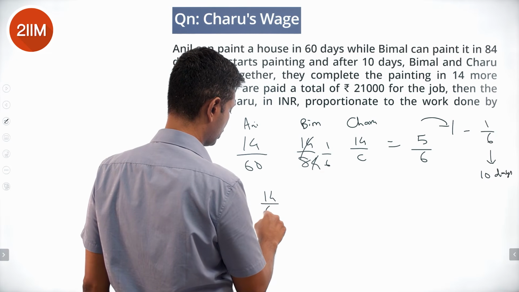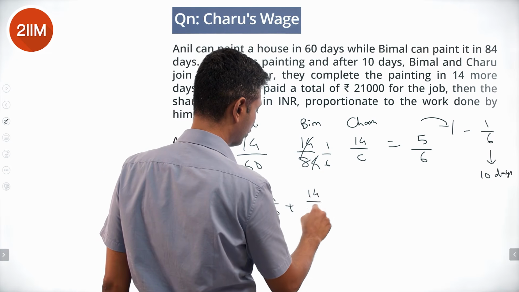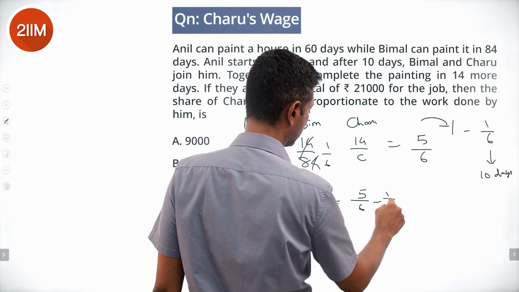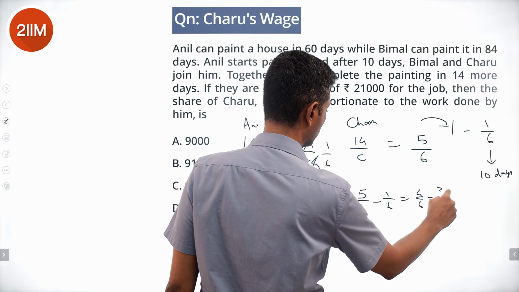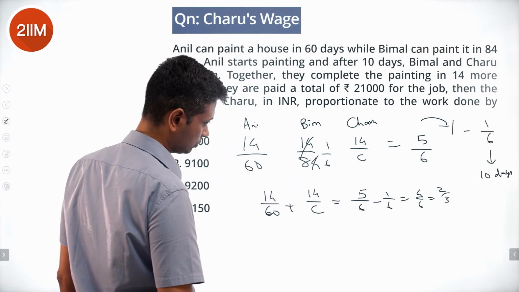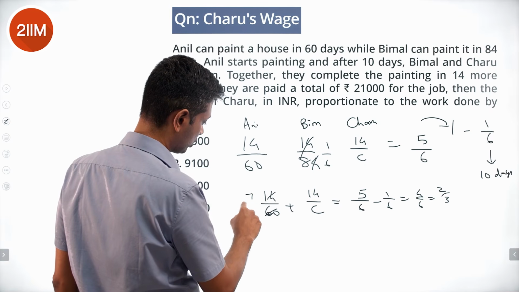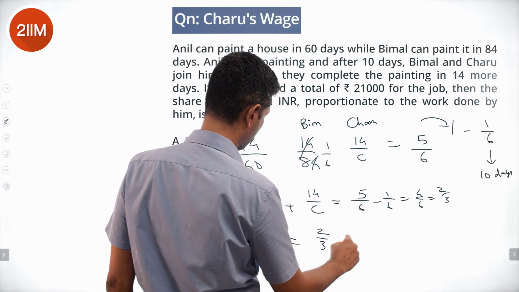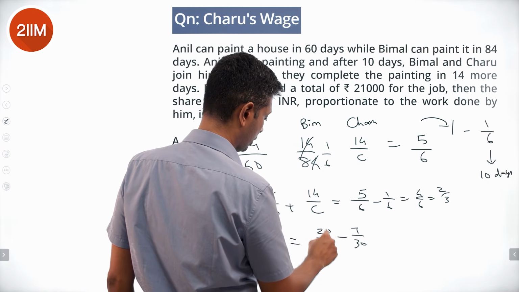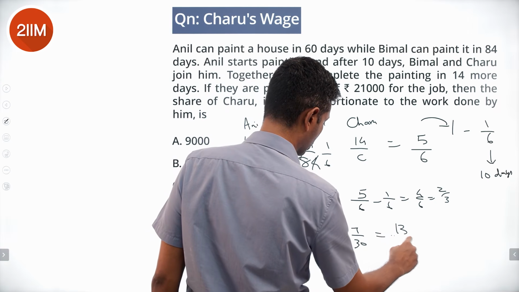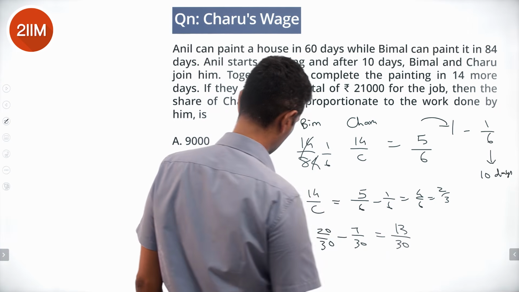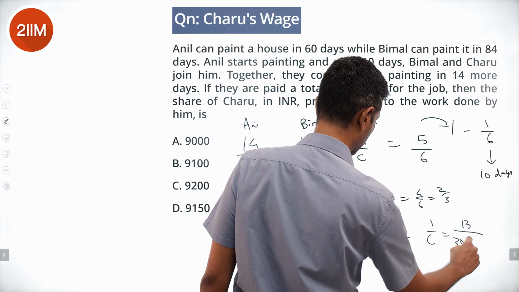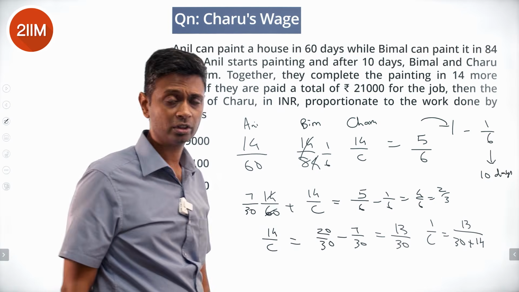So 14 by 60 plus 14 by C equals 5 by 6 minus 1 by 6, which is 4 by 6, which is 2 by 3. 14 by 60 is 7 by 30, so 14 by C is 2 by 3 minus 7 by 30. 20 by 30 minus 7 by 30 is 13 by 30. Or 1 by C is 13 by 30 into 14. Nice.